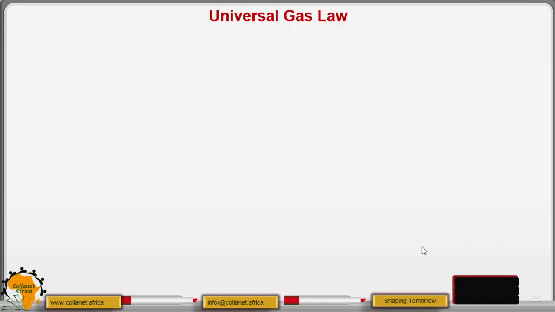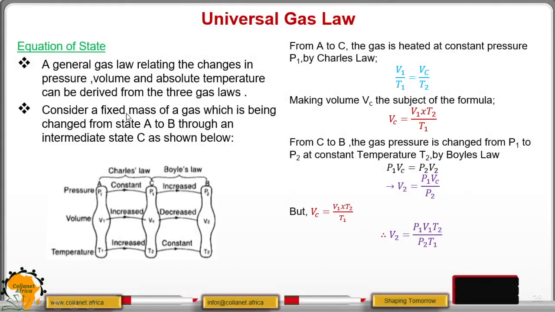From there, we can rearrange, and by so doing we put all the values with ones, the initial temperature, volume and pressure, on one side. We divide through by T2 and multiply by P2, and that is how we get P2 V2 over T2 on one side, and P1 V1 over T1 on the other.